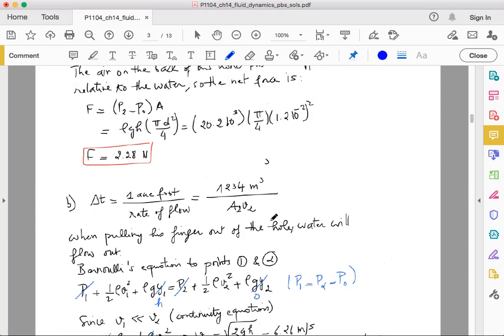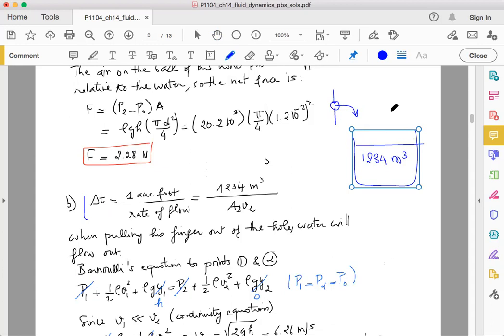So let's start. The amount of time needed. We want to find how much time it needs to fill this volume of 1234 cubic meter. So if we want to know how long it takes for the water coming out of this hole to fill this whole volume, in order to determine this, we need to determine what is the flow rate at this hole.